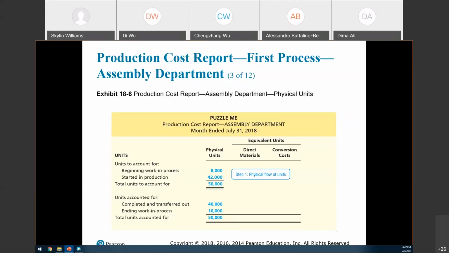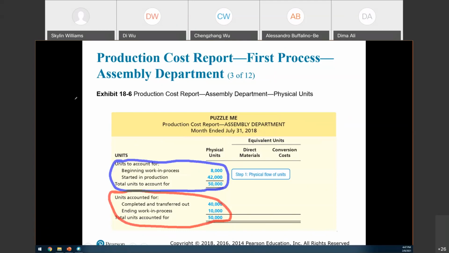So this slide shows the first step of the production cost report. In the first step, you need to list units to account for here, and units accounted for here.